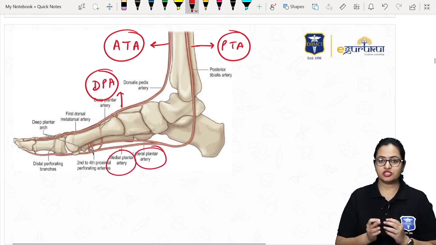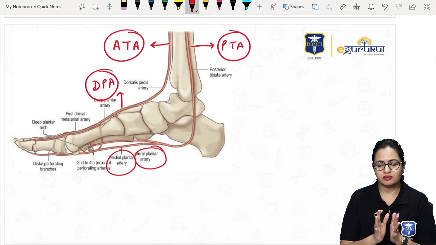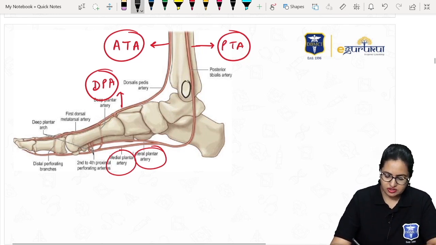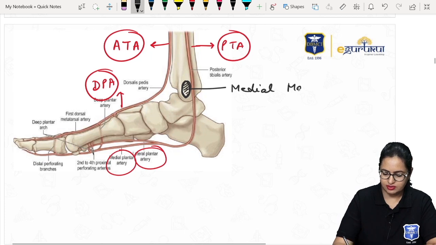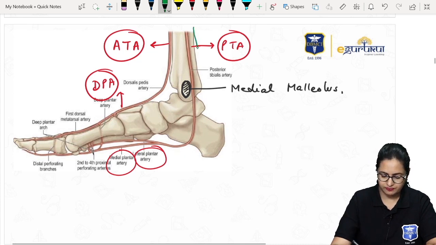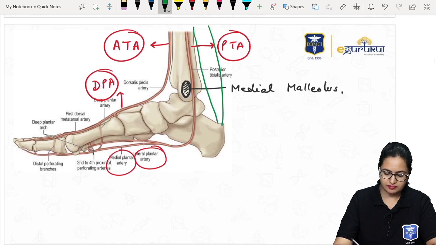Now as this posterior tibial artery passes from the posterior compartment of the leg towards the sole, it is passing just behind this landmark, and this landmark is medial malleolus. It is passing just behind the medial malleolus, and there are the muscles gastrocnemius and the soleus towards the posterior compartment of leg, which have a common insertion at the calcaneum.